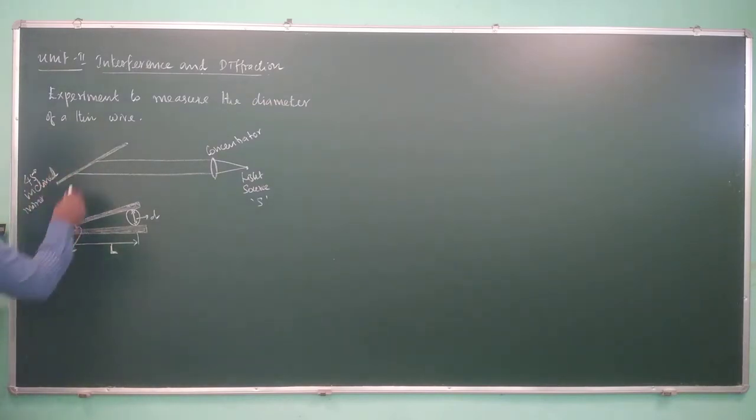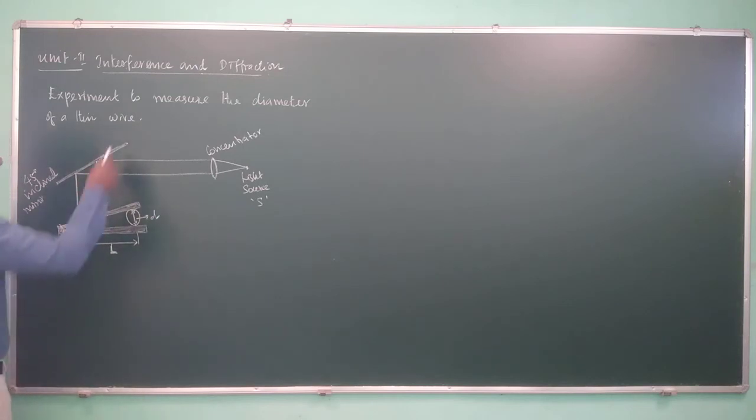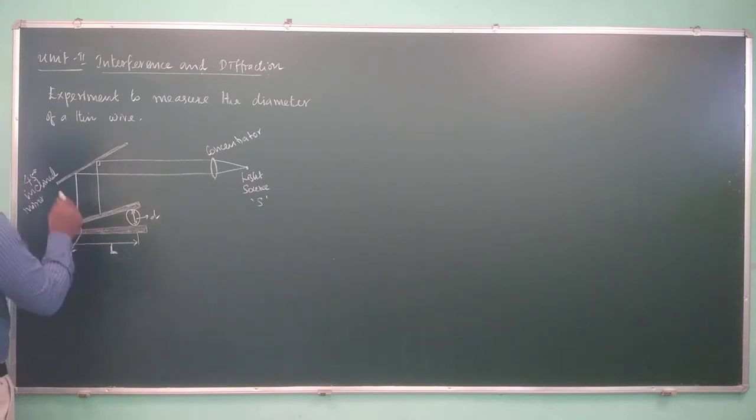As the mirror is placed at 45 degrees, the light ray gets reflected. Angle of incidence equals angle of reflection, so it hits the glass plate at 45 degrees and reflects back at 45 degrees, so the total is 90 degrees.